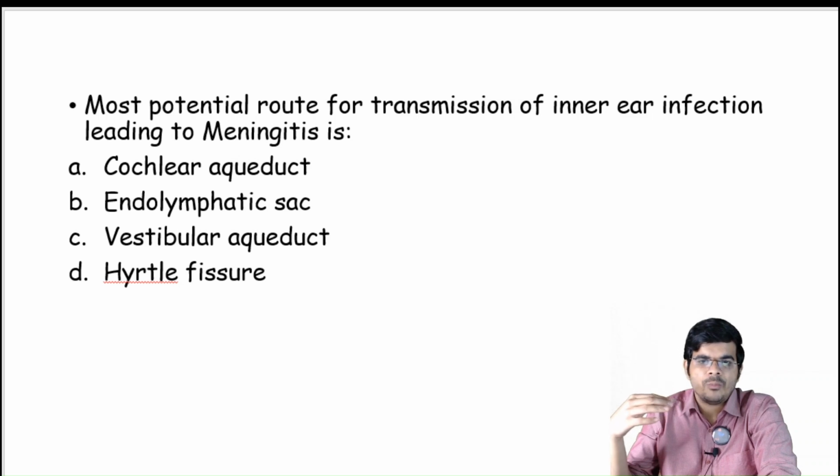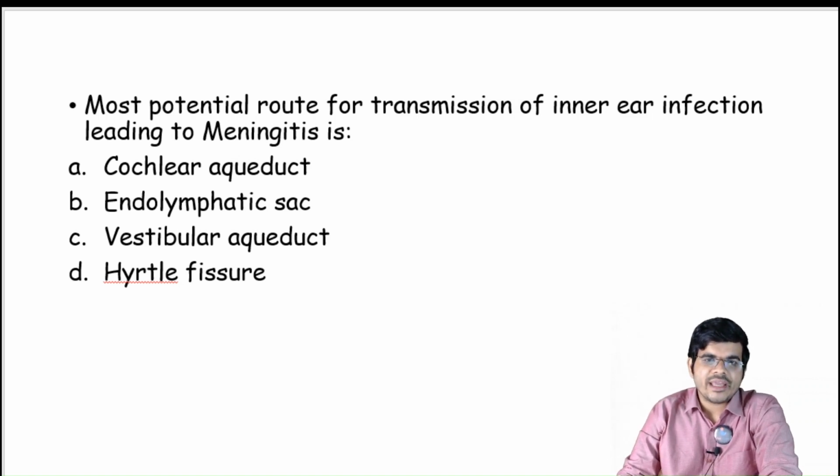Okay. Now the answer to this question is the cochlear aqueduct, because the cochlear aqueduct connects the subarachnoid space with the scala tympani, and this is seen opening into the area nearer to the round window. Okay, now what is the implication of this?